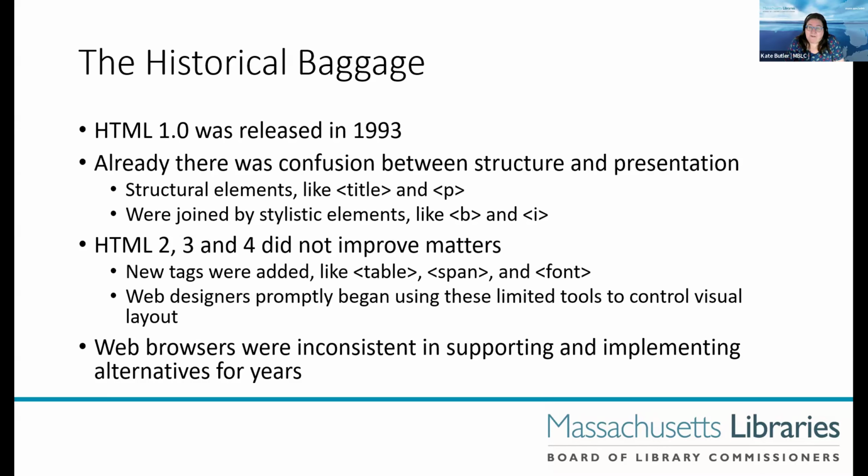But what ended up as what we now know as CSS, cascading style sheets, took quite a while to include robust layout options and to be properly supported by most web browsers. So this less than ideal situation carried on for a really long time in web terms. And it became ingrained in a lot of people and unfortunately baked into a lot of websites.